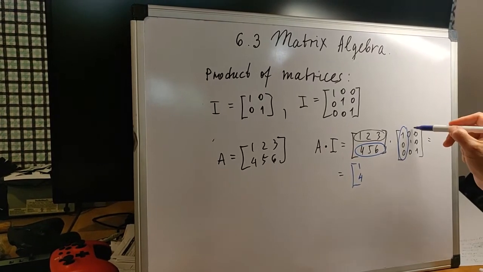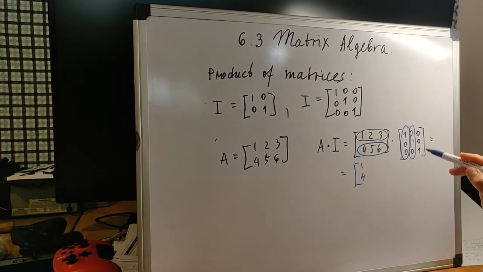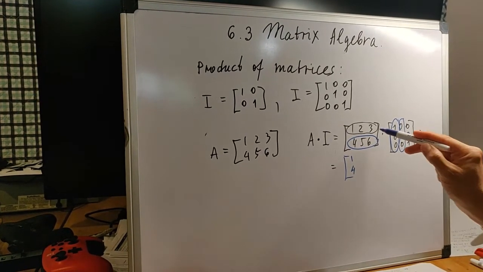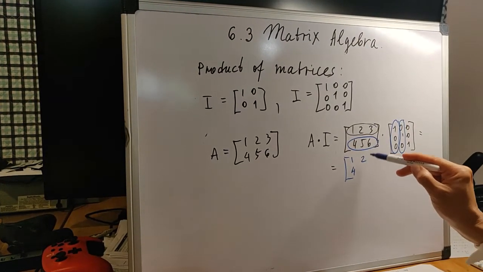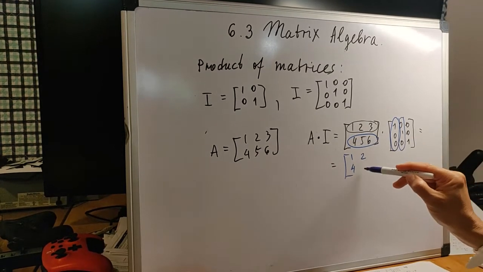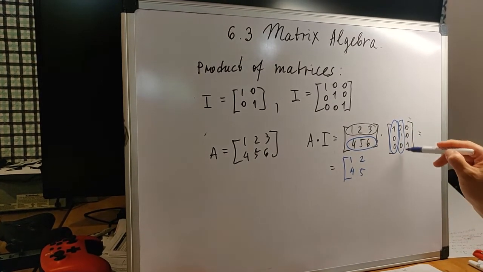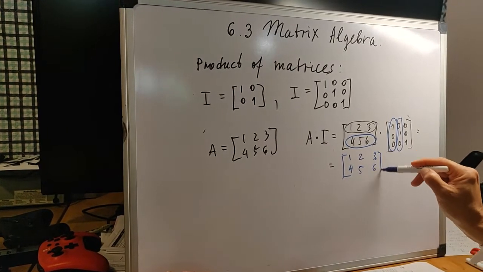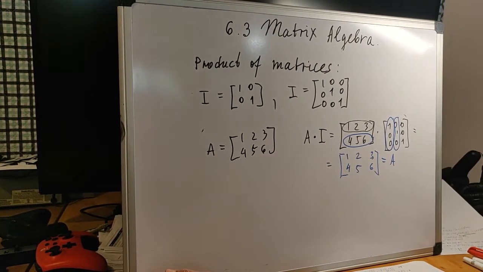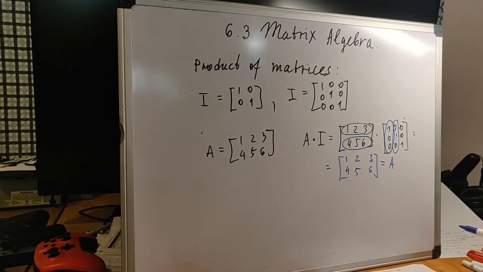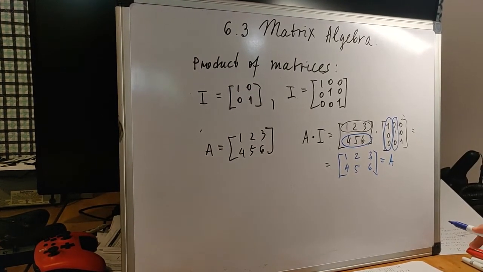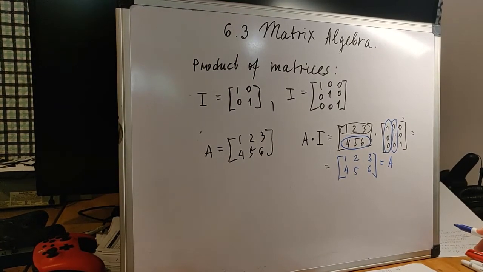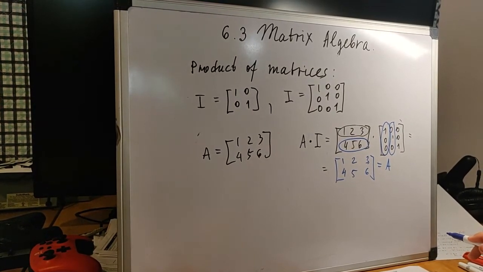If you repeat this for the next column, you're going to see that next column is going to leave for multiplication only element 2. And if you do the second row, it's going to be element 5. And this one is going to leave element 3 and 6. So you see that you actually get exactly the same matrix. Well, identity matrix works like 1 in a real numbers world. So you multiply any matrix by identity, you get the matrix back. Okay.